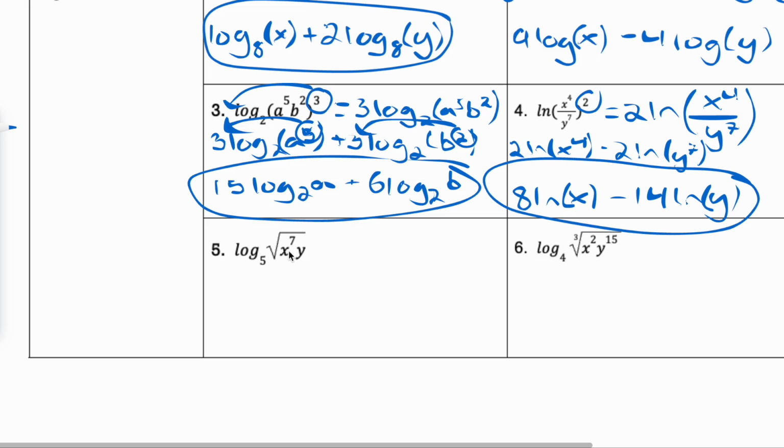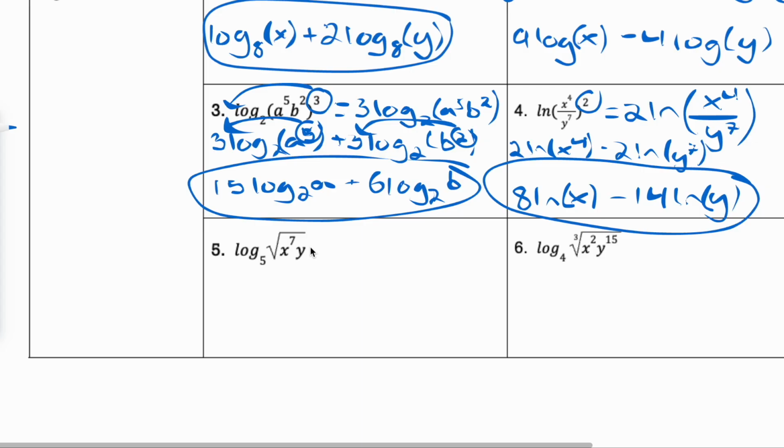Okay, this one I'm just going to assume this radical goes over the 7 too. But when we think of a radical, a square root in particular, what exponent are we raising that to?